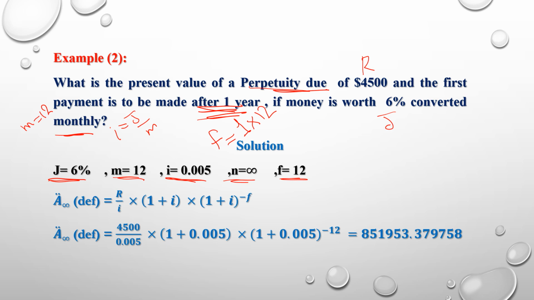By substituting these values in the formula of the present value of the deferred perpetuity due, A infinity deferred equals R over I times 1 plus I times 1 plus I power minus F. So 4,500 over I times 1 plus I times 1 plus I power minus 12, which is F. This equals the present value of the deferred perpetuity due.